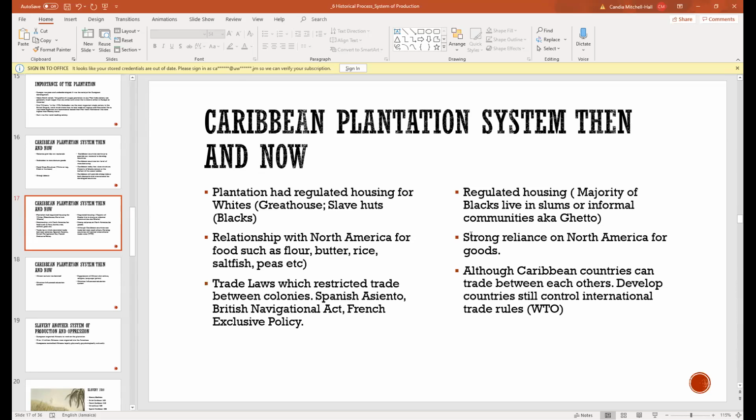In the Caribbean, you'll never see a white man living in the ghetto, or white families that are poor and living in the ghetto struggling. No, you don't see that. The majority of those people are Blacks, and it's regulated because it excludes the people from these communities.